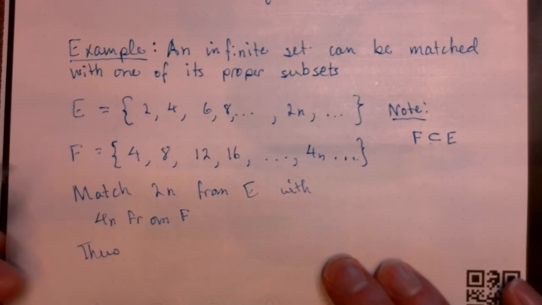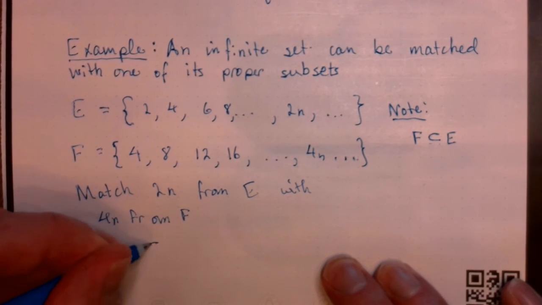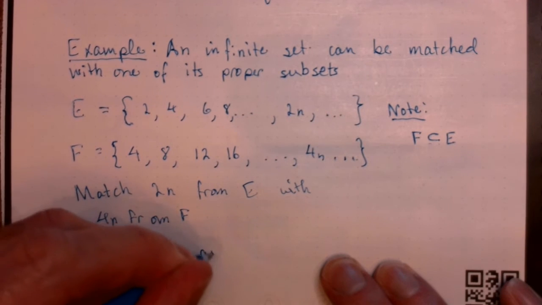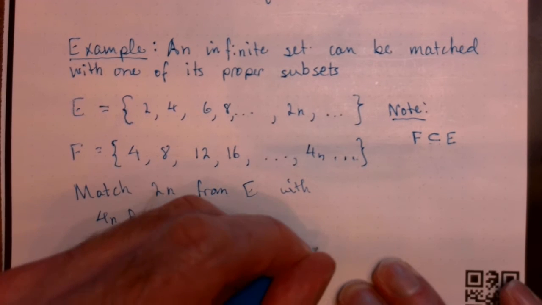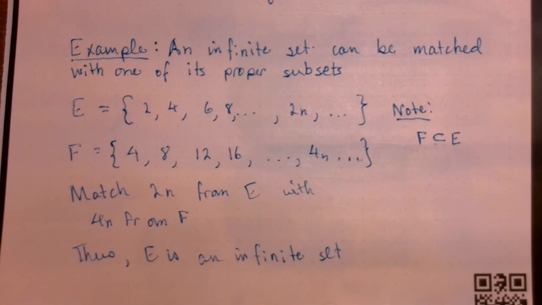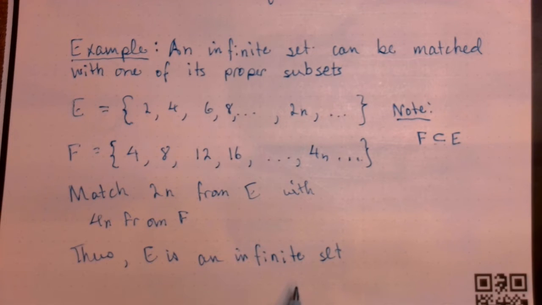And we can actually use that to show that E is an infinite set. You could not create such a matching with a finite set. If you have a finite set and you're looking at one of its proper subsets, it's got to have at least one less element. There's got to be at least one element that isn't in there, and there's only finitely many, so you couldn't possibly do the matching.